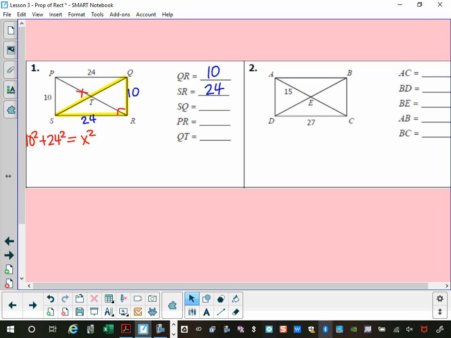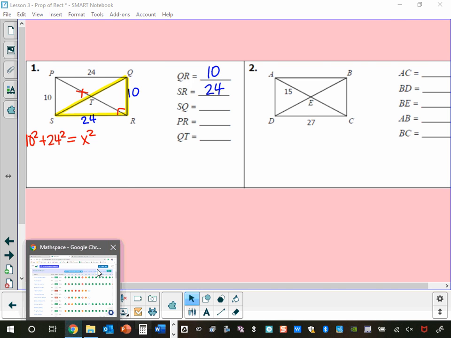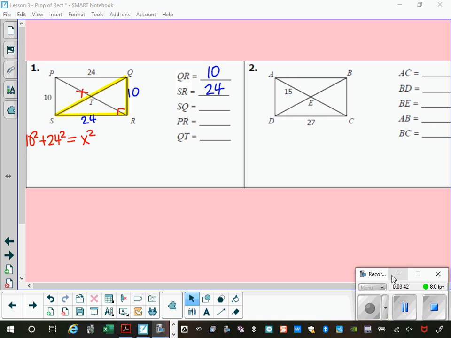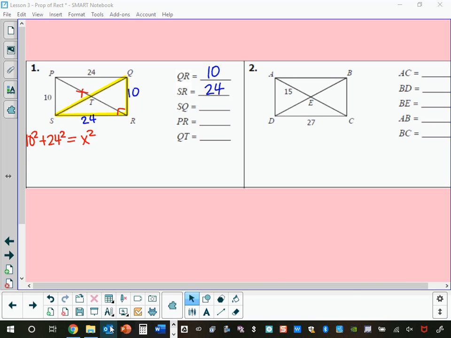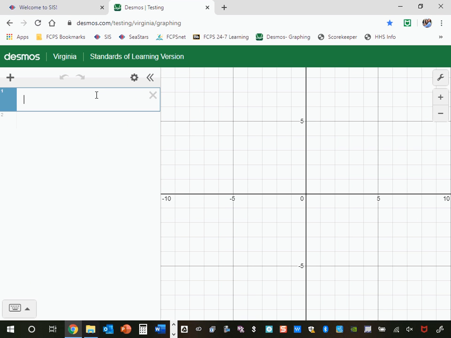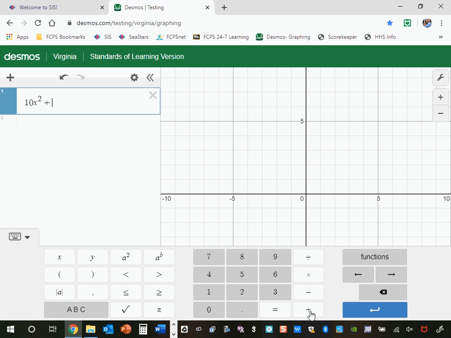In the past, for Pythagorean theorem, we've solved it by hand, right? Now let's use Desmos. Let's use our resources. We have 10 squared plus 24 squared is equal to x squared.